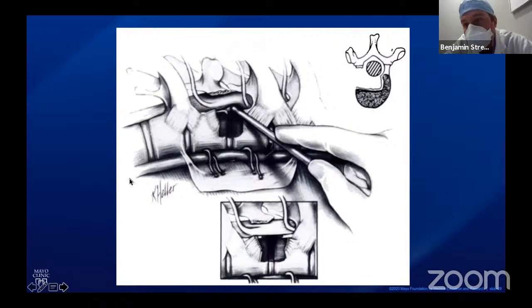The remainder of the decompression occurs by pushing the offending disc herniation and osteophytes into the cavity that was created, which you can see in the upper rightmost image, by the use of curettes, whereby there is no manipulation of the spinal cord at that time, to prevent catastrophic neurologic injury.